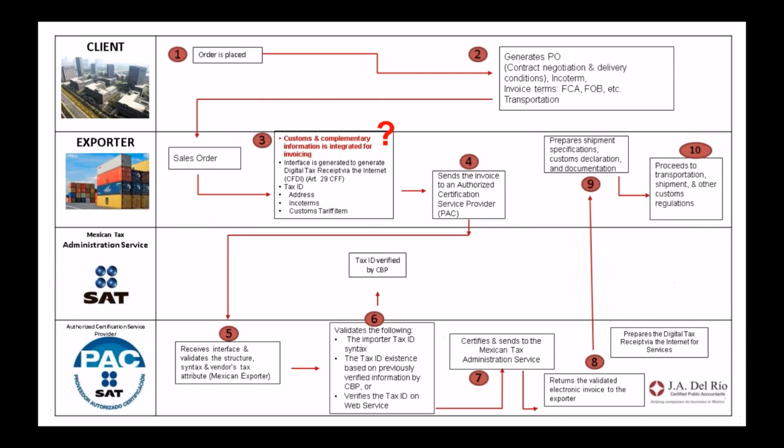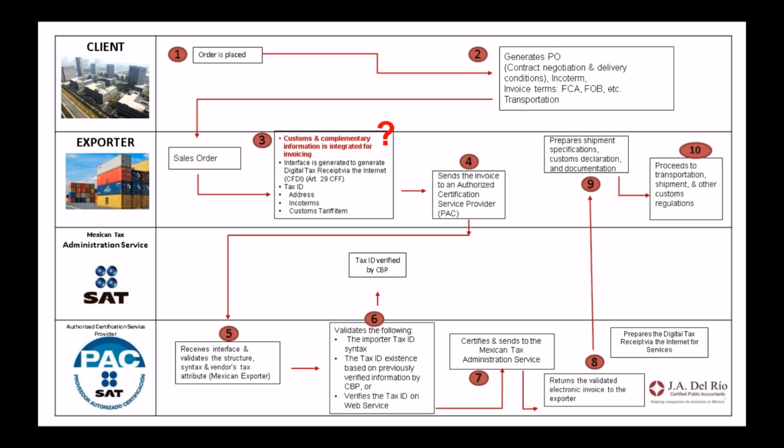Okay, the following slide shows, in general terms, a flow of information of how the transaction could work. I wouldn't like to take too much time on this information. In general terms, I can make a summary. Pretty much how it will work is that your client will place you an order.